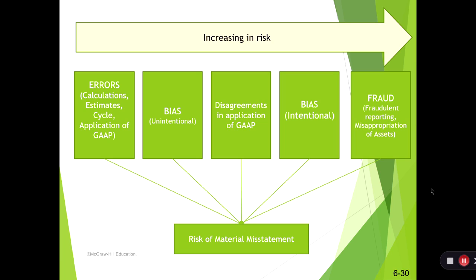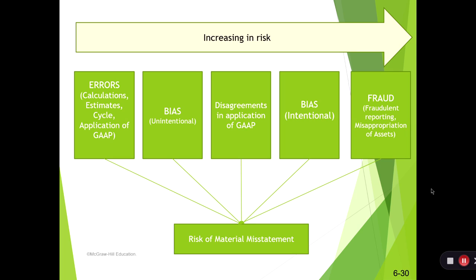And so it could just be that they're optimistic, and so they've unintentionally inserted some of that optimism into the financial statements. You can have disagreements in the application of GAAP, like they don't agree with how GAAP should be applied, and so, for example, revenue recognition, they may think that they've met the threshold to recognize revenue, even though the auditor thinks that they haven't, right?